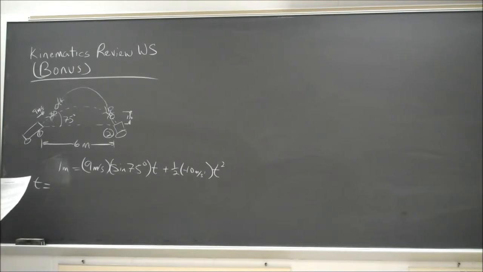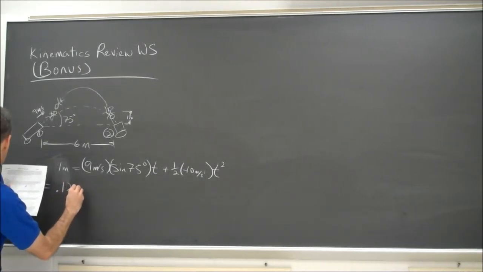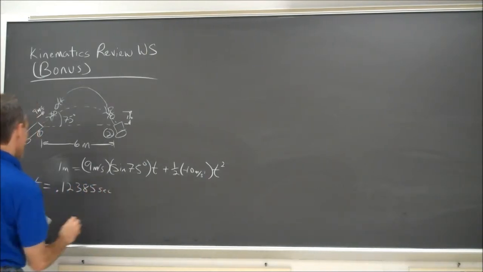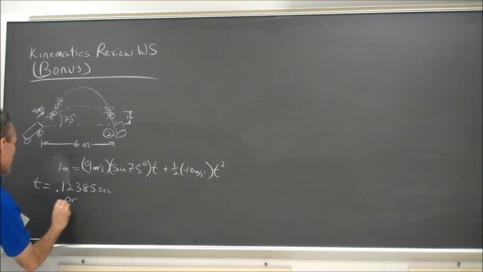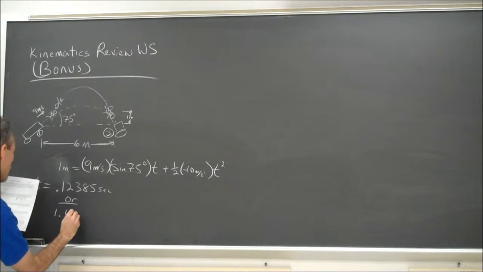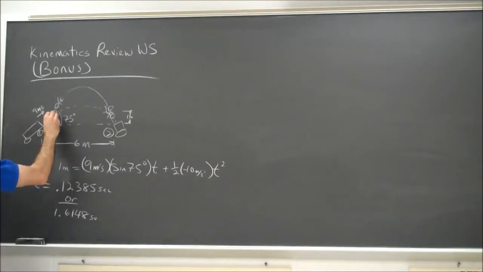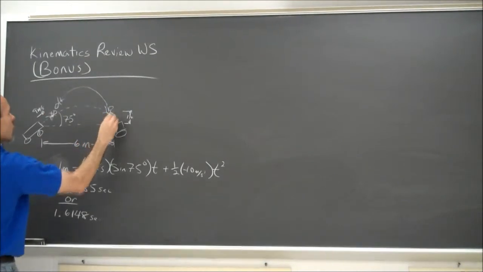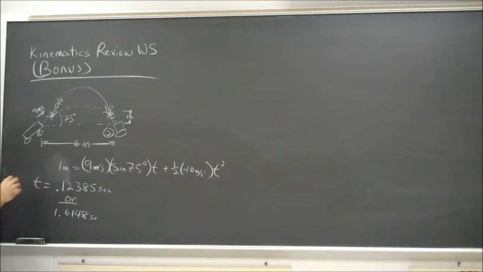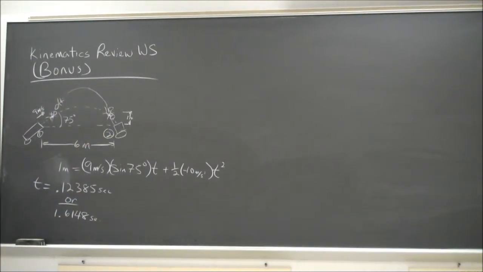I either get 0.12385 seconds, or I get 1.6148 seconds. Those are the two zeros for that equation at this height of 1 meter. So there's two possibilities. Either it's going to hit here or it's going to hit here. I don't know. One of the two.